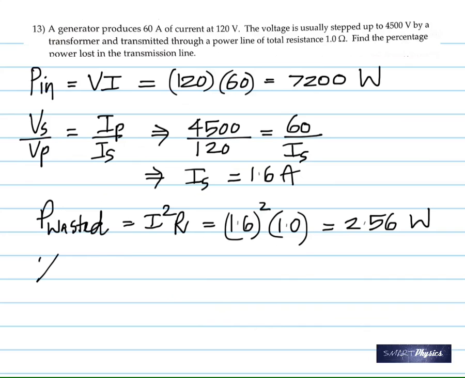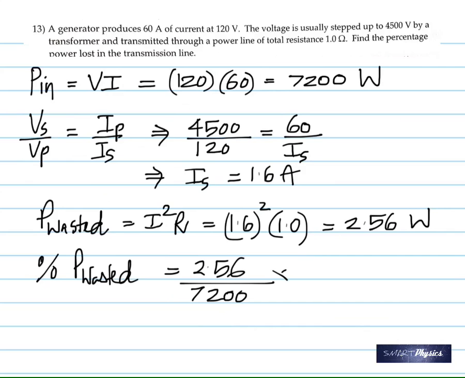That's 2.56 watts. Now, percentage power wasted is 2.56 divided by the original times 100. So 0.036% is lost. Notice that that's just a very small percentage of waste, and that is because the voltage was stepped all the way up from 120 volt to 4500 volt.